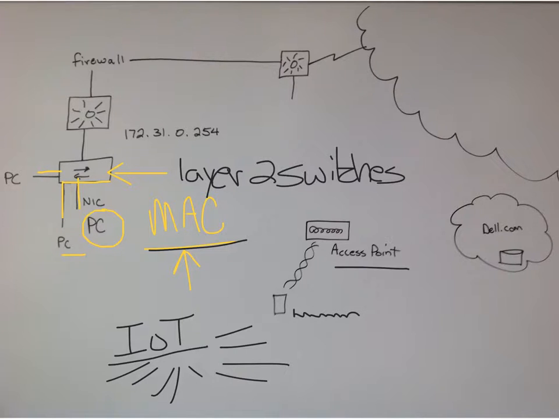We talked a little bit then about a small network going to the firewall, and then from the firewall we can go out to the internet. Domain name, Dell.com. Domain name services, we talked a little bit about DNS.